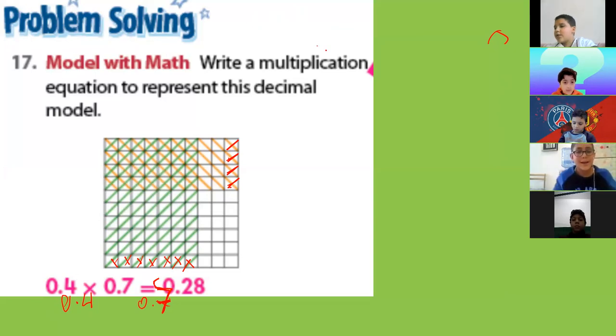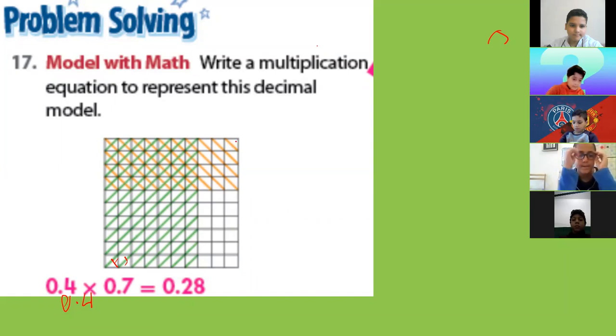I mean, why did we color 10 squares with yellow in the first row? Which one? Number 17? Yes. In number 17, we said we have 0.4.